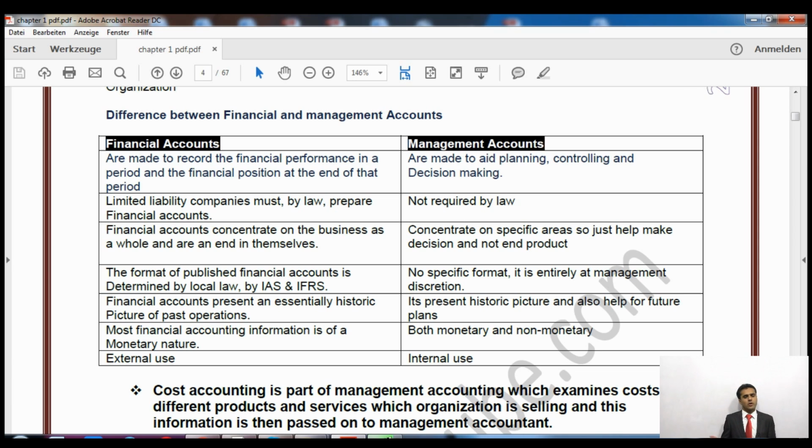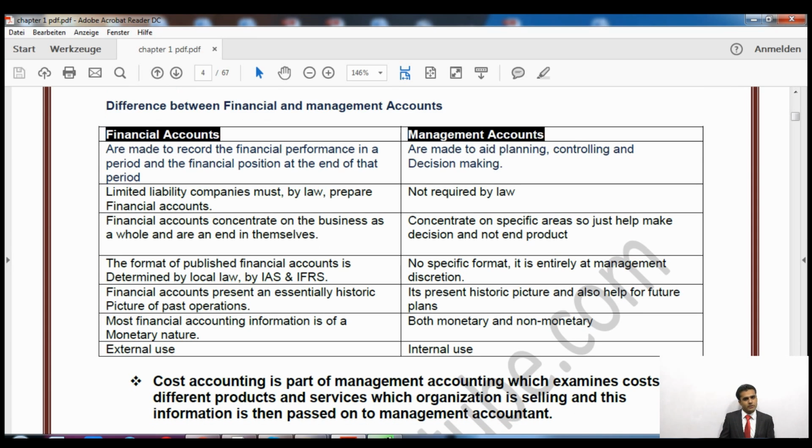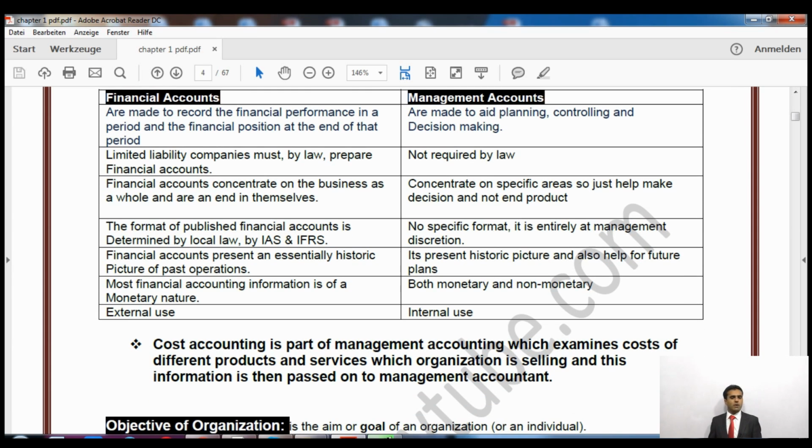Whereas management accounts are normally made monthly, quarterly or half yearly. It depends on us. Whenever we want, we can make them monthly or yearly or whatever. In management accounting we can make them whenever we want; for financial accounting, we have to make it annually.